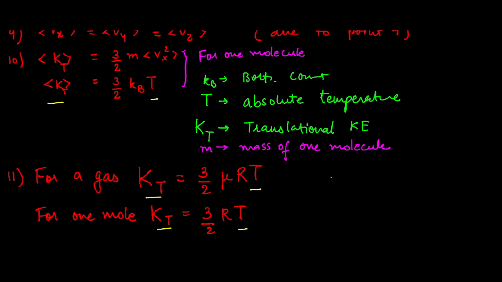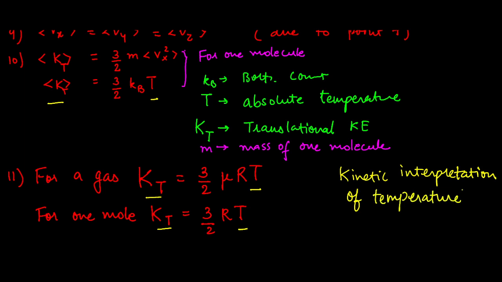It is called kinetic interpretation of temperature. એનો મતલબ what is the relation of motion with temperature? Okay, he indicates that kinetic energy of random motion is linked with temperature. એનો meaning એવો થાય.